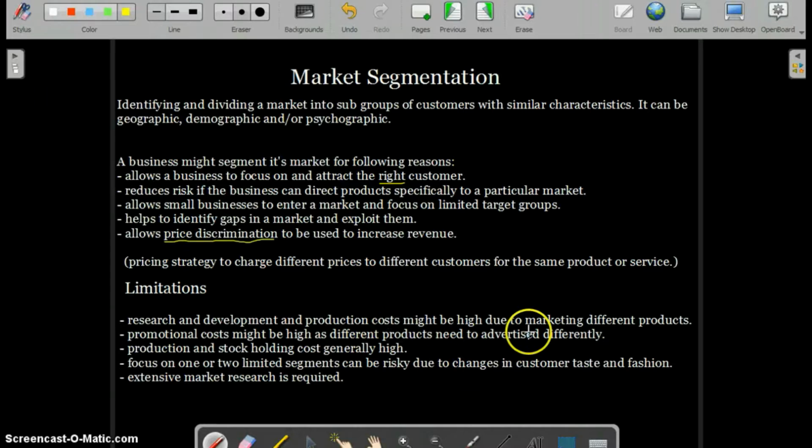And you have to market and advertise these products differently for each age group, or not just age group. I'm just telling in general, for market segmentation we have to advertise different products differently, because if you are doing geographic segmentation, some countries might not allow semi-naked models or actors to be used, like in Middle East or Islamic countries.